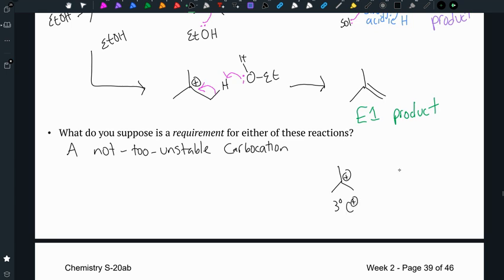If it's a resonance stabilized carbocation, even better. So a carbocation next to a pi bond, a carbocation next to a benzene ring, these would be even better carbocations than a tertiary.